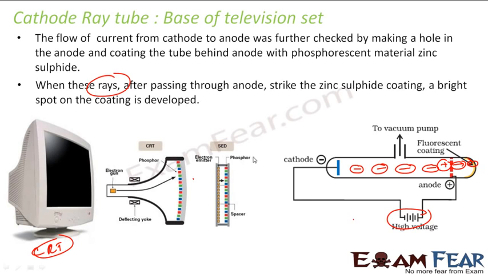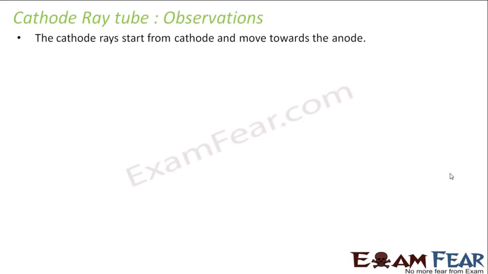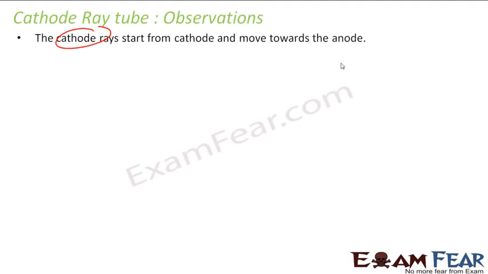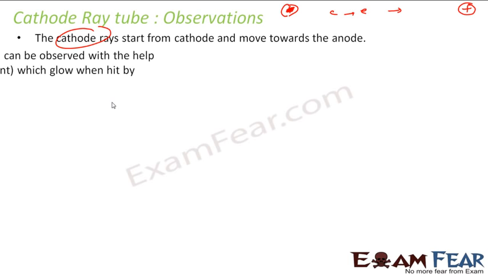When these rays, after passing through the anode, strike the zinc sulfide coating, a bright spot is developed. The observation was that the cathode rays start from the cathode to the anode. This was my cathode, this is my anode. The rays started from the negative end, there's a positive end, and the electrons keep moving.